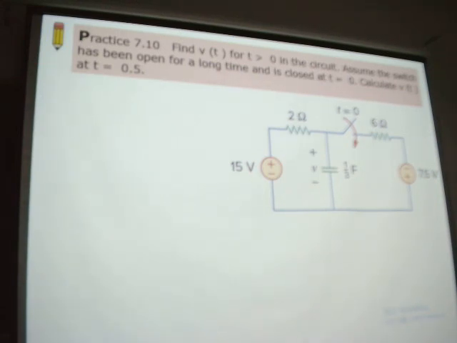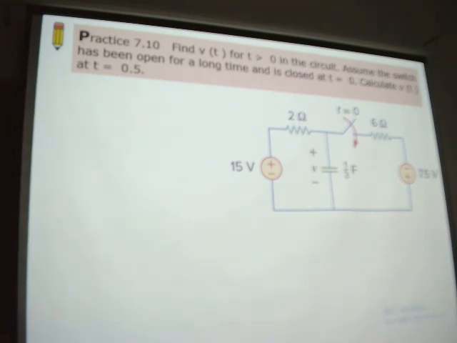And if this one is closed for a long time, this one is fully charged.